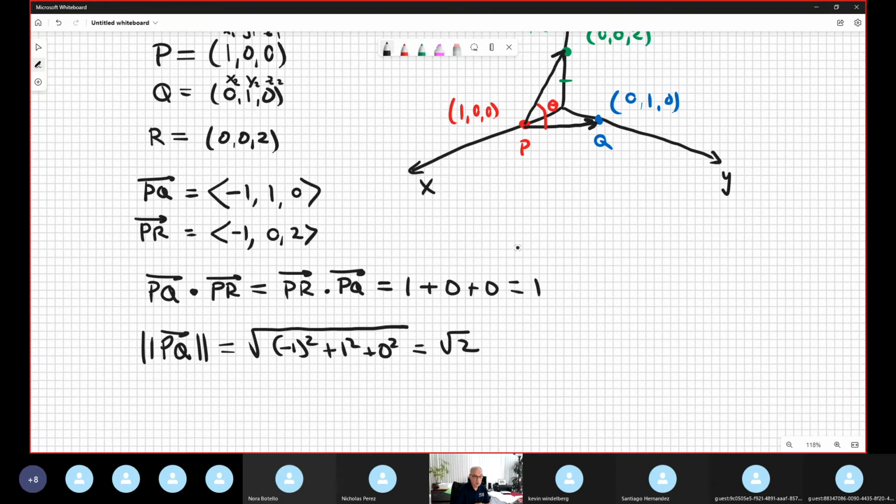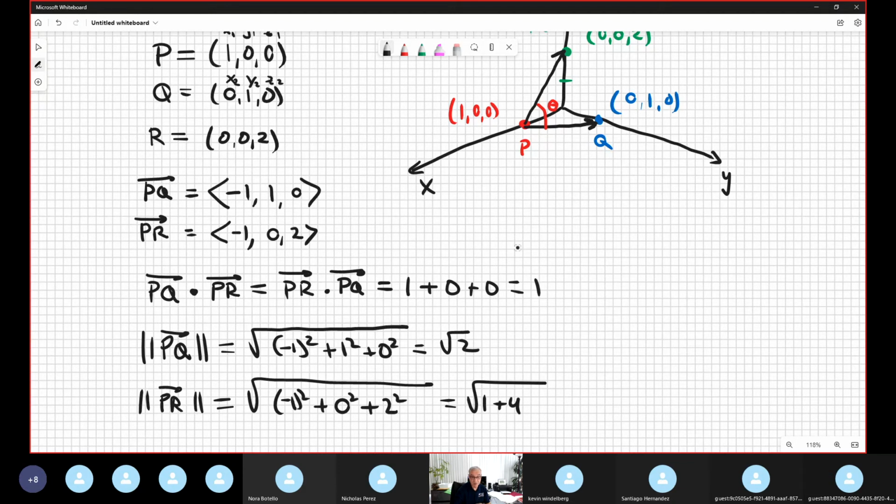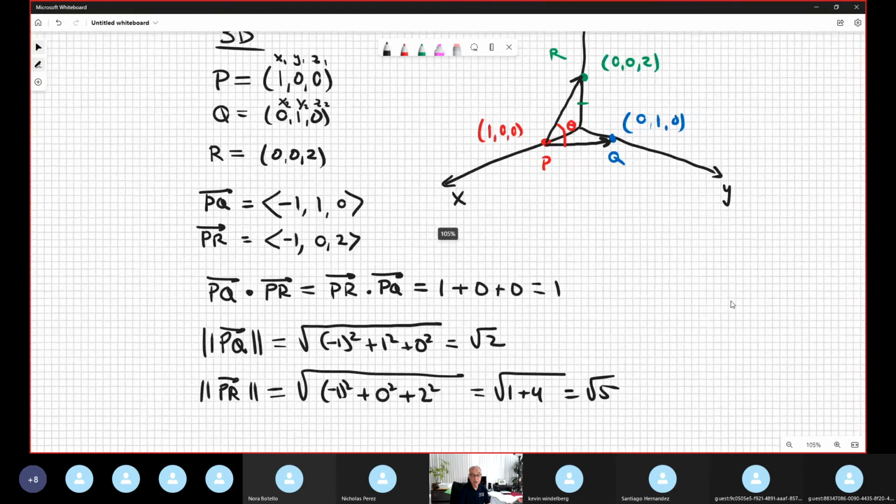Now magnitude PR is square root of -1 squared again plus 0 squared plus 2 squared. So 1 plus 0 is nothing plus 4, it's radical 5. Do you follow me? Everyone follow me?